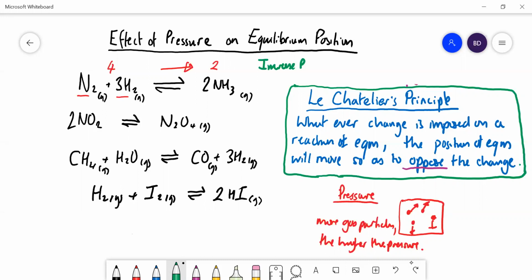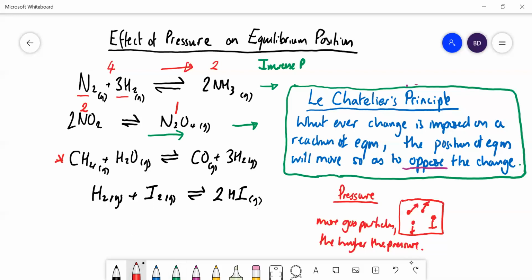Okay, let's look at the next one. We've got the nitrogen oxide example. We've got 2 molecules of gas on the left, and 1 on the right. So if we increase the pressure there, the equilibrium will also move to the right. The next one, the methane one.